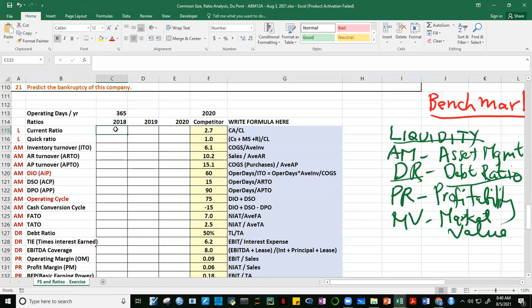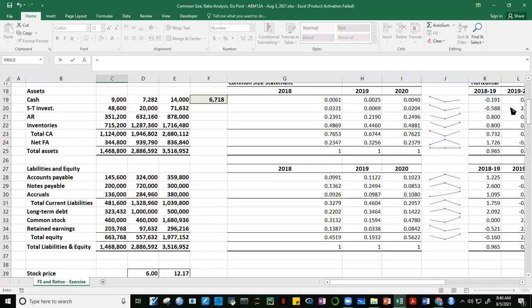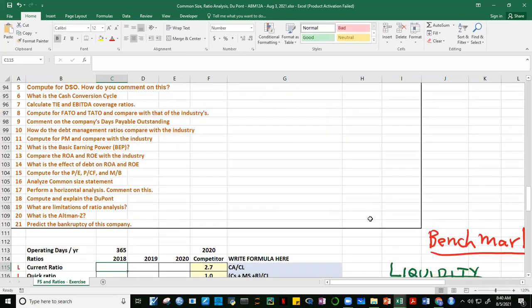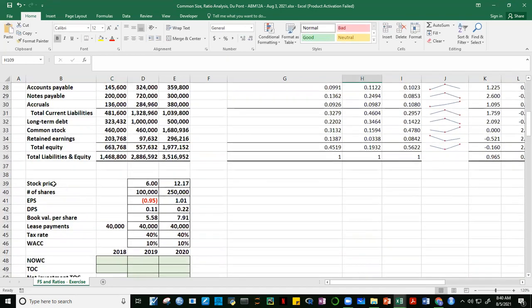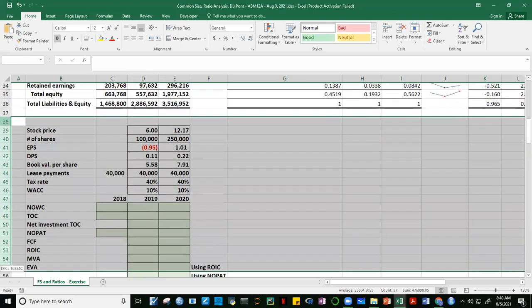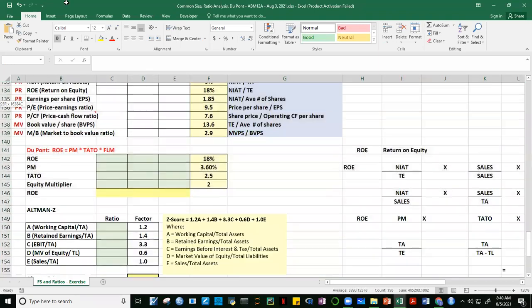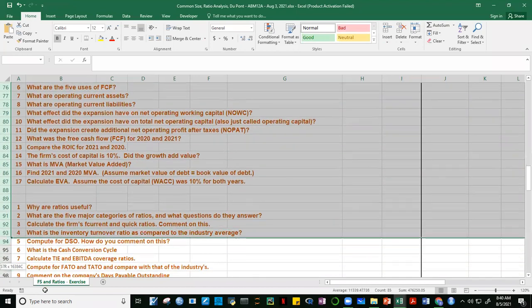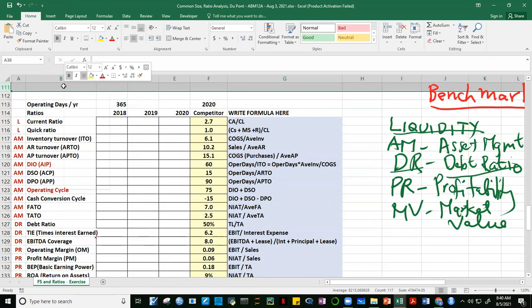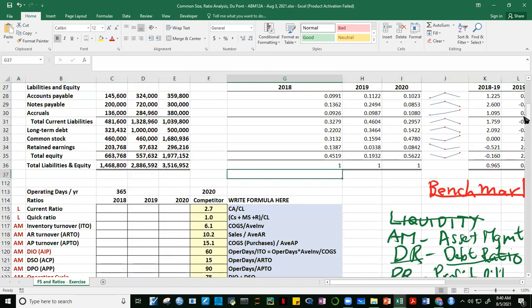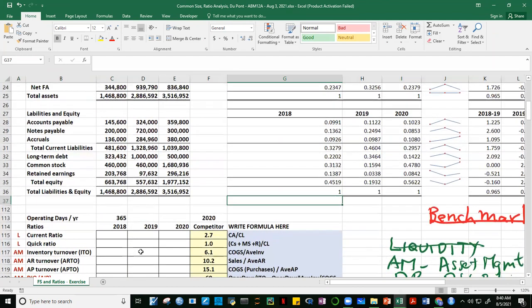So let's first compute for the current ratio. So it's equal to current assets natin. Okay, sandali ah. Let me hide the other cells para mas mabilis ko ma-access yung ano. So let me hide this. Okay. So that it's easy for me to access the values.